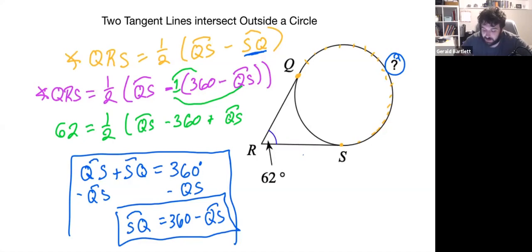How we doing? Combine your like terms. I'm running out of space on this slide. I'm going to take this down here. And I have 62 equals still a half of, let's make it nicer looking too.